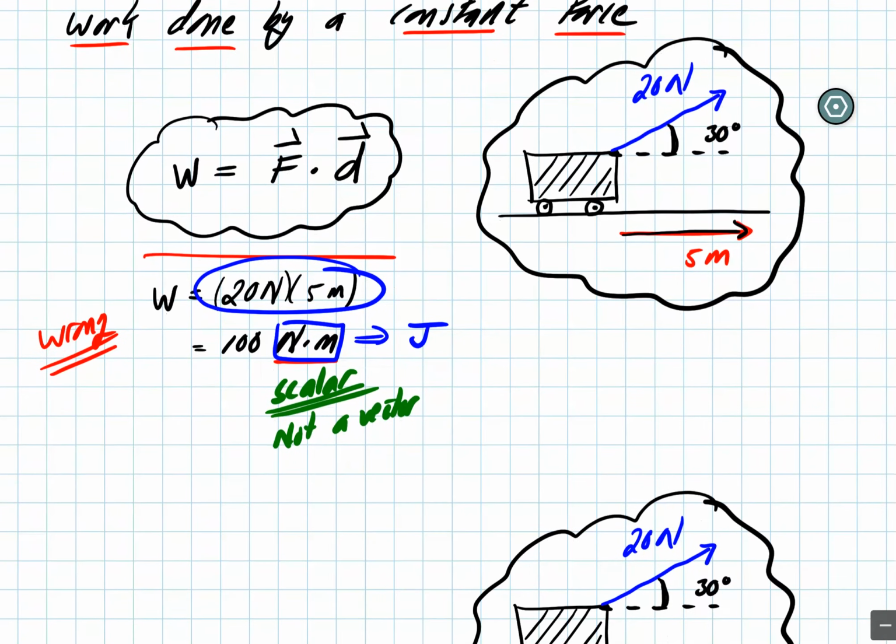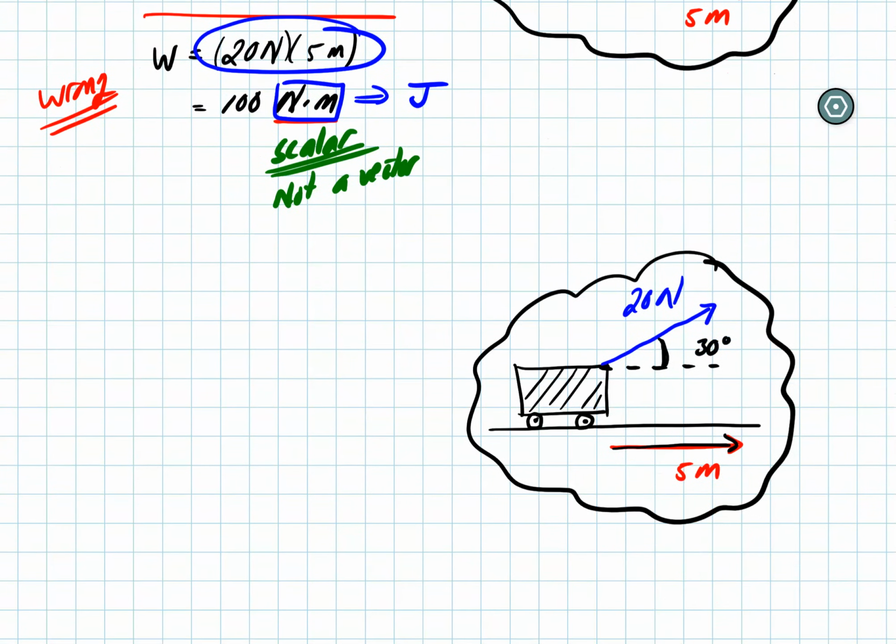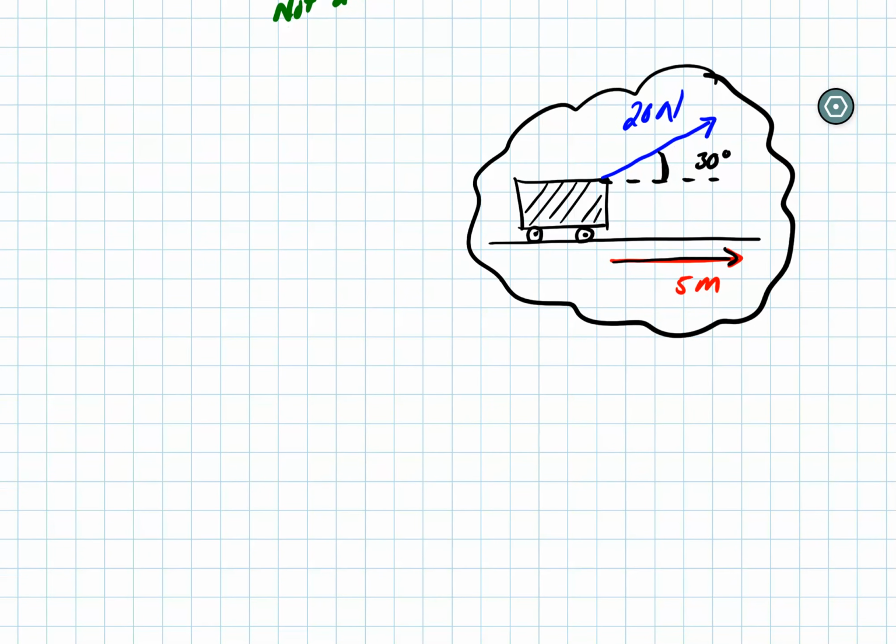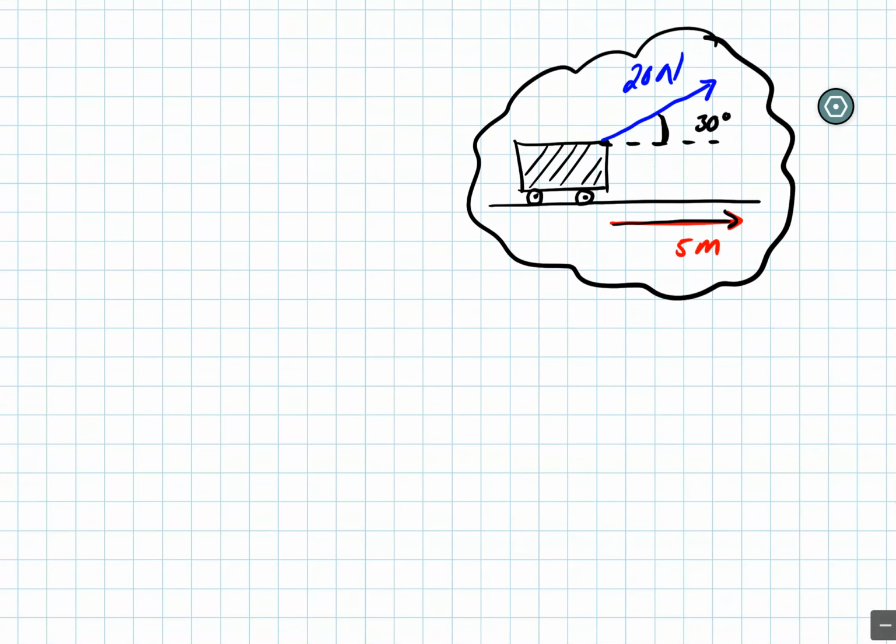We are now going to do it the right way. All right, so I have it here. This is the same setup again, and let's do it the correct way. I'm going to write it first out in words, which is going to be way too many words, and then we're going to do it in symbols.